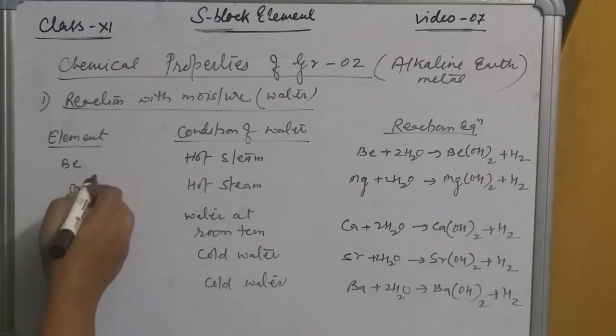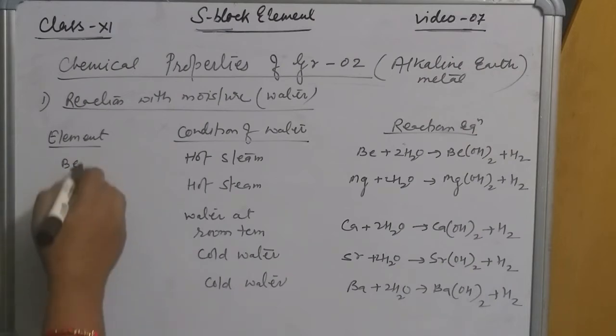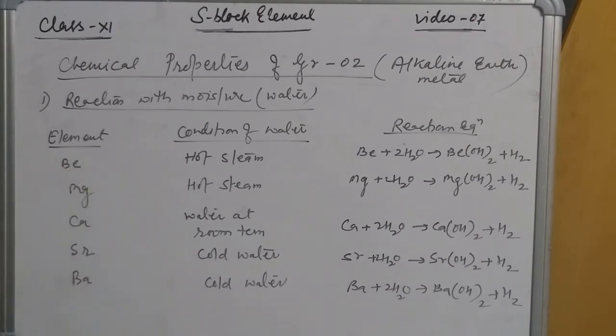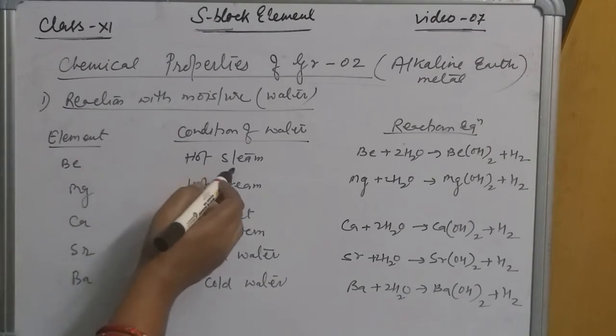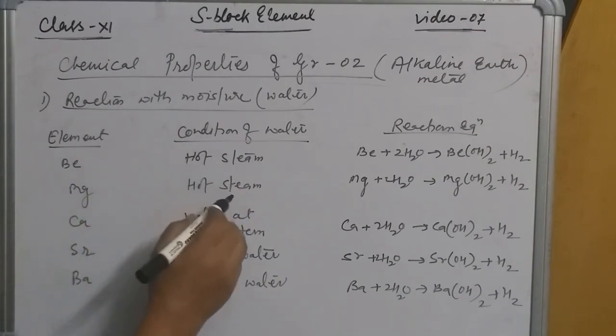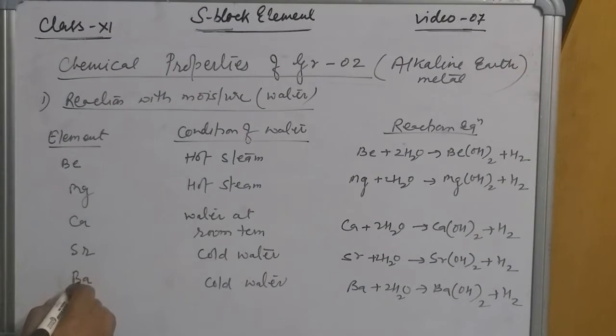So students, see here, as we move top to bottom, the reactivity of the elements increases. Beryllium reacts with hot steam, magnesium also reacts with hot steam, but as we move top to bottom, the elements react with cold water also.